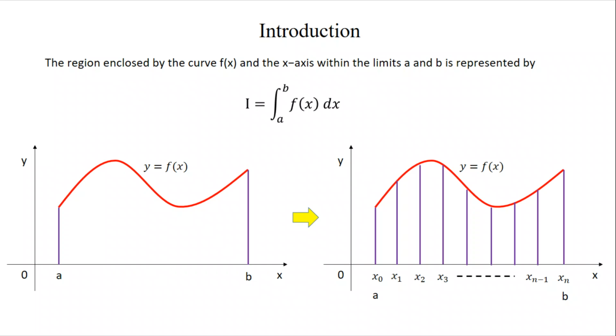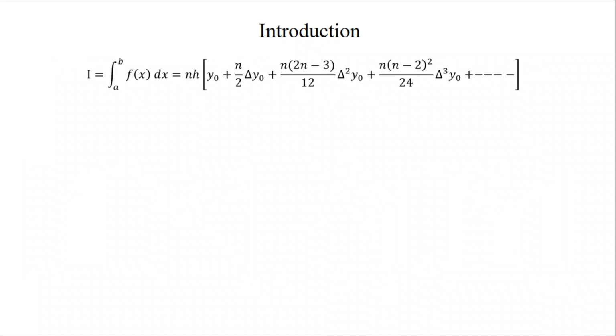on the y-axis, on the curve. So once you divide this area, we apply the Newton forward difference method to find the integration, or to find the area under the curve.